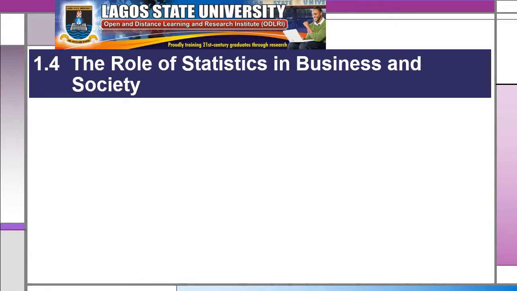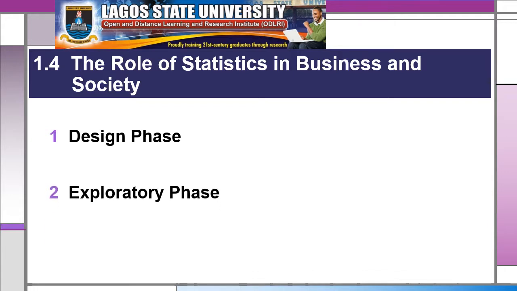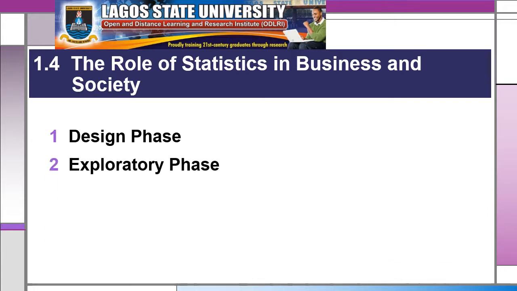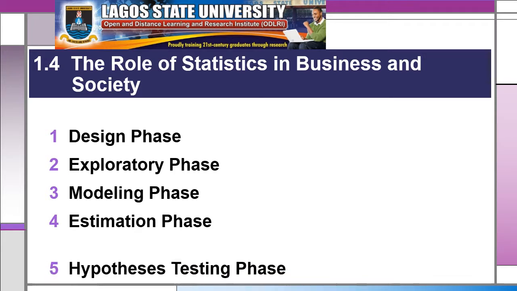Now let's turn to the role of statistics in business and society. Statistics performs several different activities. And the first of these activities is the design phase, followed by the exploratory phase, and then the modeling phase, the estimation phase, and lastly the hypothesis testing phase.